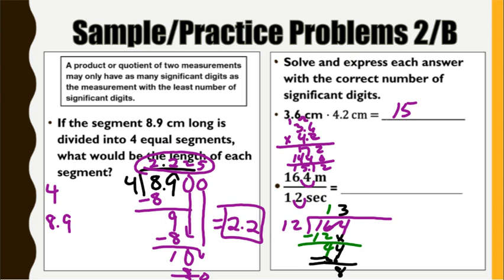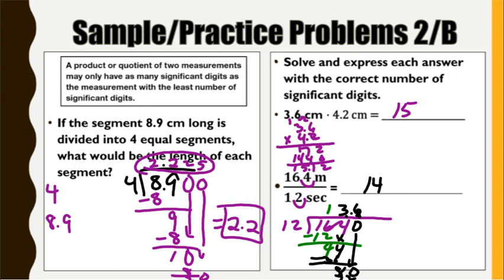Bring down the 0. 12 goes into 80 6 times, that would give us 72. There's actually a decimal point here. So we can only go 2 significant digits, so I'm going to stop right here. Since this is a 6, that tells me to round the 3 up to 4, so this would be about 14.